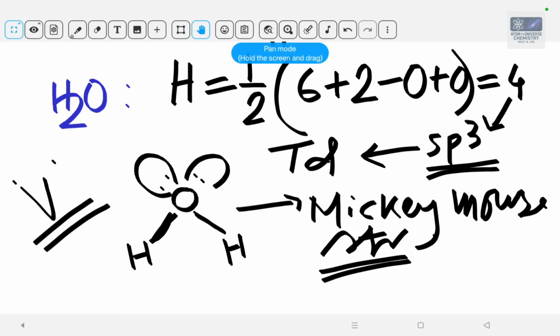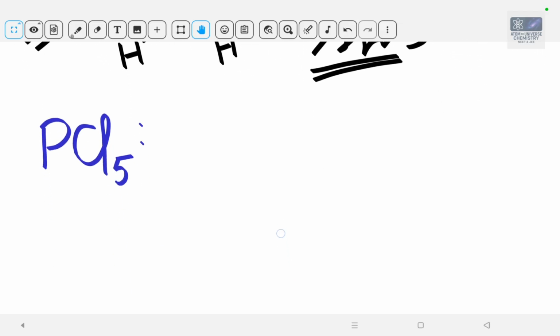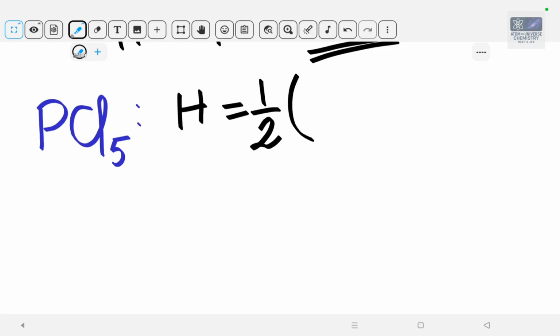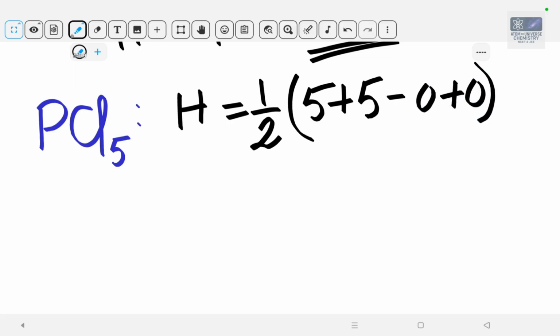Next, come to PCl5. In that case, just count H equal to half the number of valence electrons of P, that is 5, the number of monovalent atoms is 5, and no negative charge, no positive charge, giving you 5.